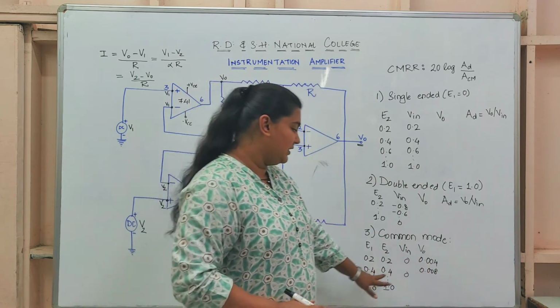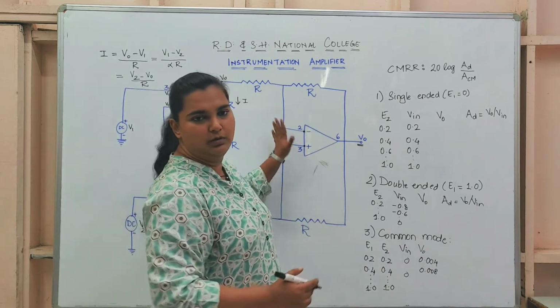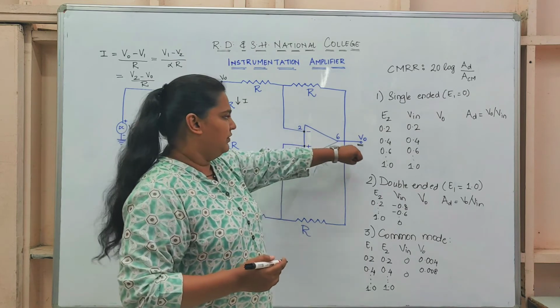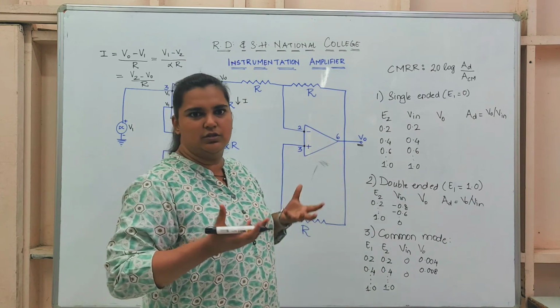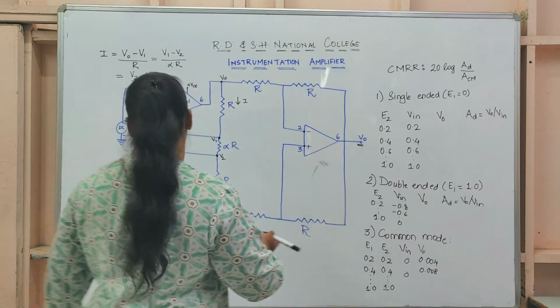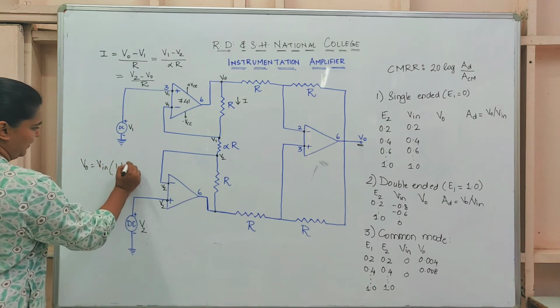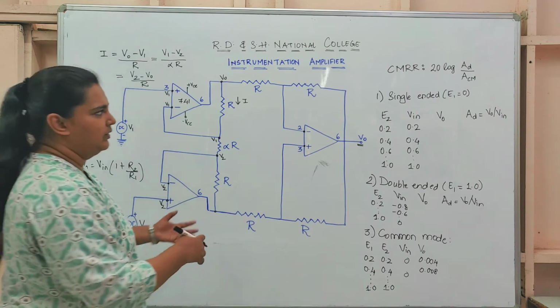But instead of giving 0, because Vn is 0, the gain doesn't matter. Gain is what? V out is a function of Vn. It may be Vn into 1 plus R2 upon R1, which is for a common op-amp. Generally for a common op-amp, you give V out as Vn into 1 plus R2 upon R1, or Rf upon Ri.